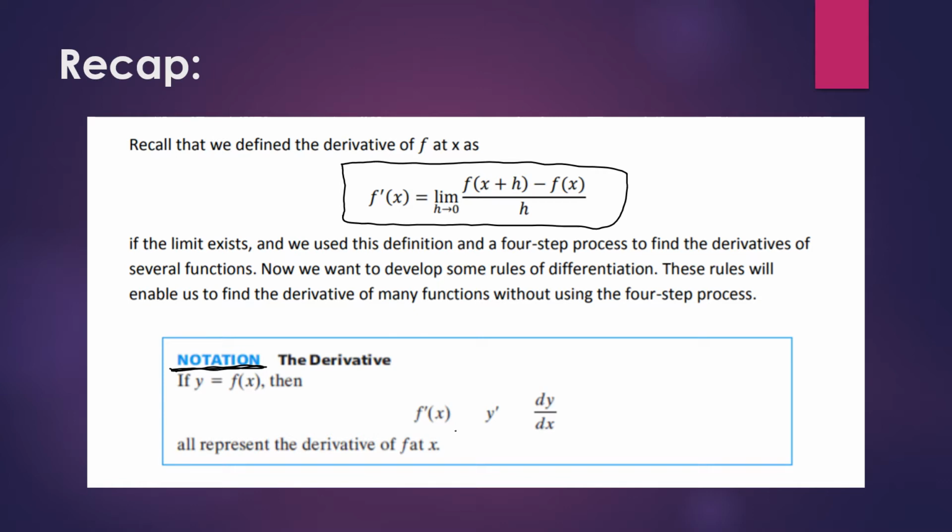So the f prime notation, that's what we're used to. We also can use y prime when y is a function of x. We can also use dy dx, which means the derivative of y with respect to x. So the variables can change depending on what the function is.